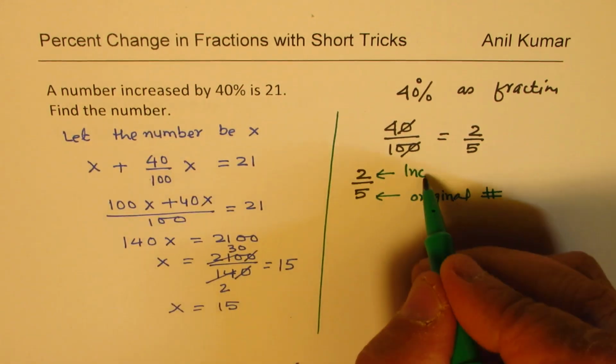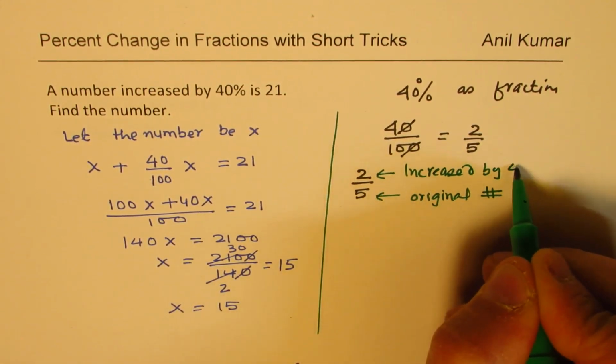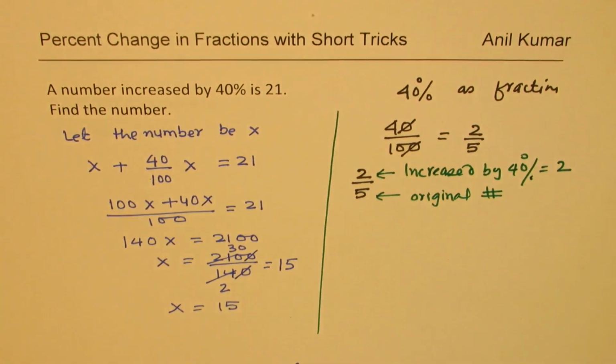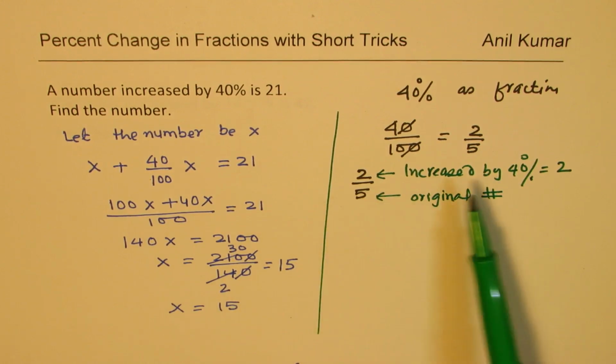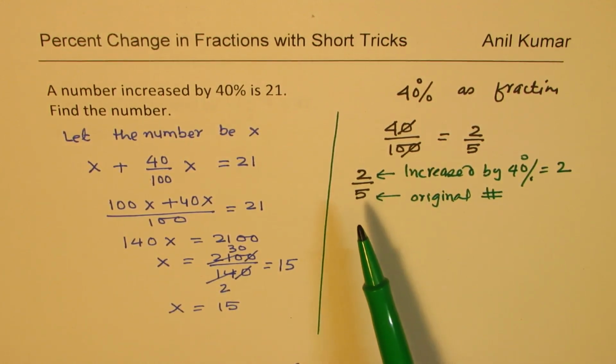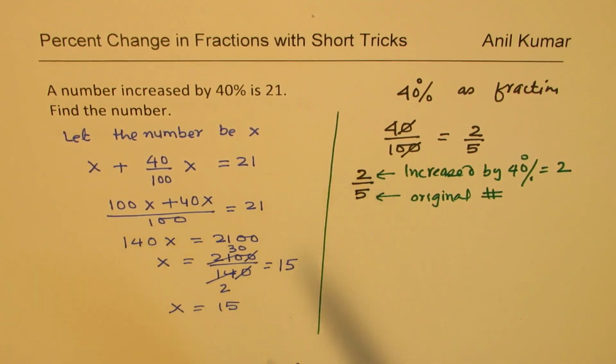In this case it is increased. So we'll say increase by 40% is actually 2, the numerator. So the numerator shows the change, right? That is the percent, correct? So for 5, the increase is by 2. You get the idea, right? So that is what we're trying to see.